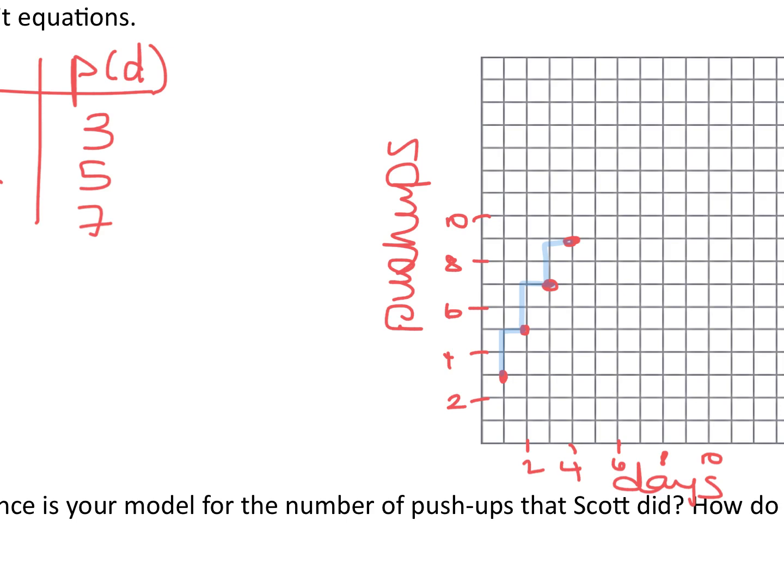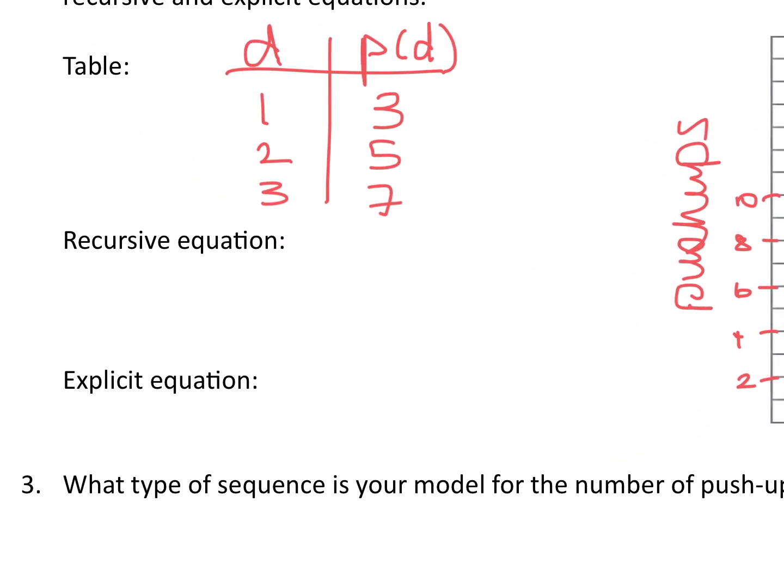Okay. All right, let's go ahead and create our 2 equations now. So we're going to do our recursive equation first. So the recursive equation tells us where we start, and then to find the next term, it references the previous.